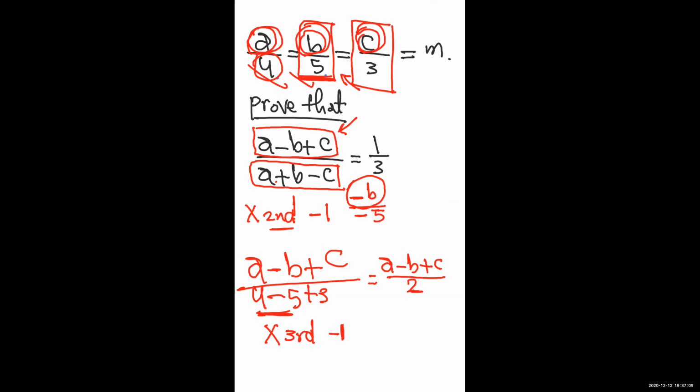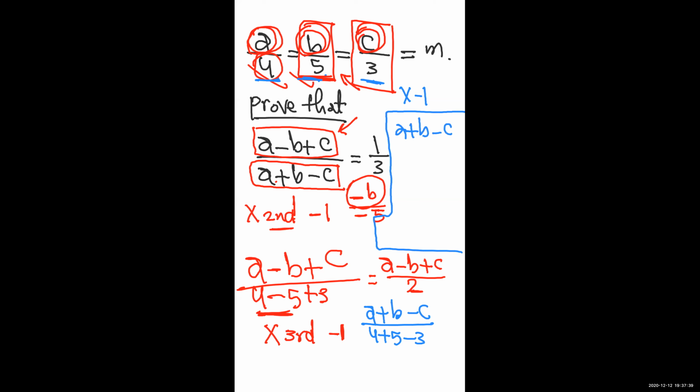Now it becomes A plus B, minus C, because we multiplied this one by -1, over 4 plus 5, of course, minus 3. So it equals A plus B minus C over 5 plus 4 means 9, 9 minus 3 means 6.